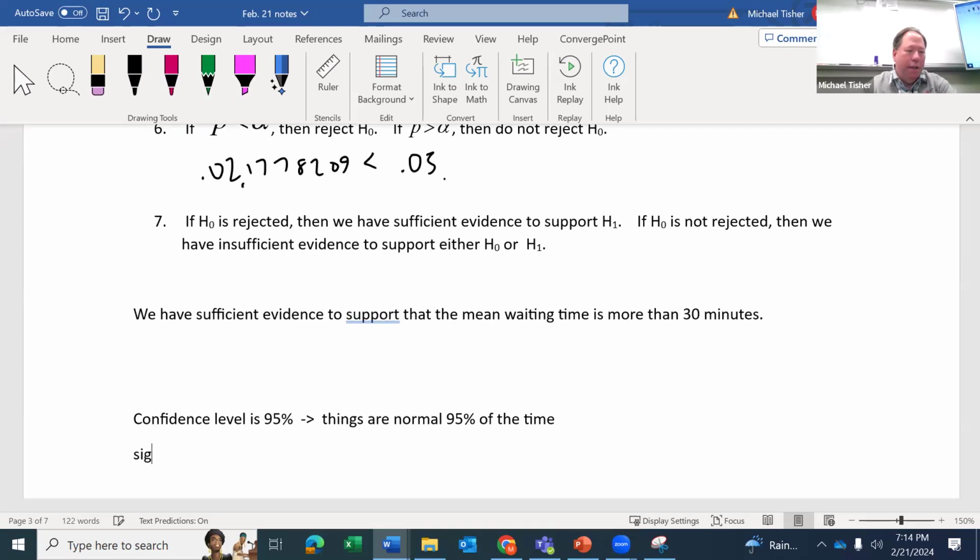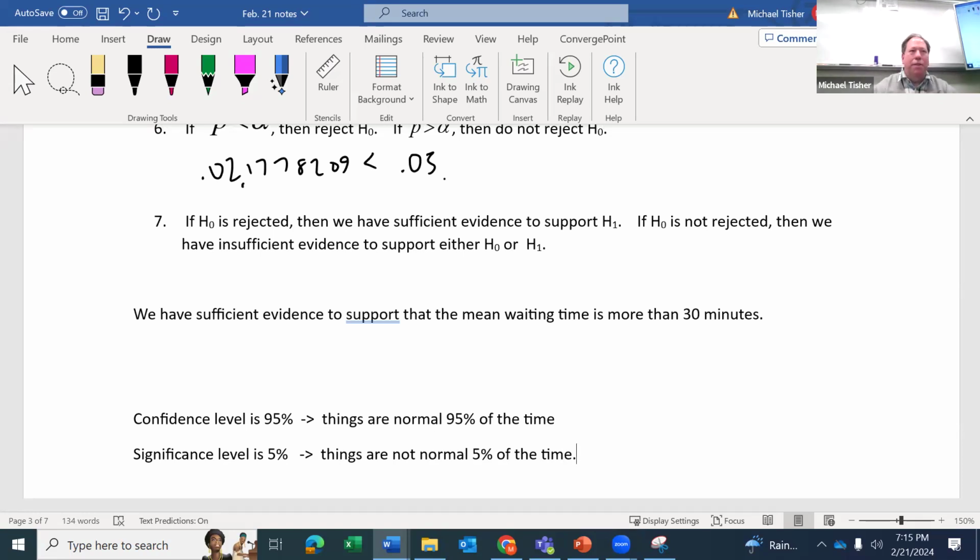And the significance level is the 5% in this case. So here we're saying that things are not normal 5% of the time. So that's usually the norm in the world.